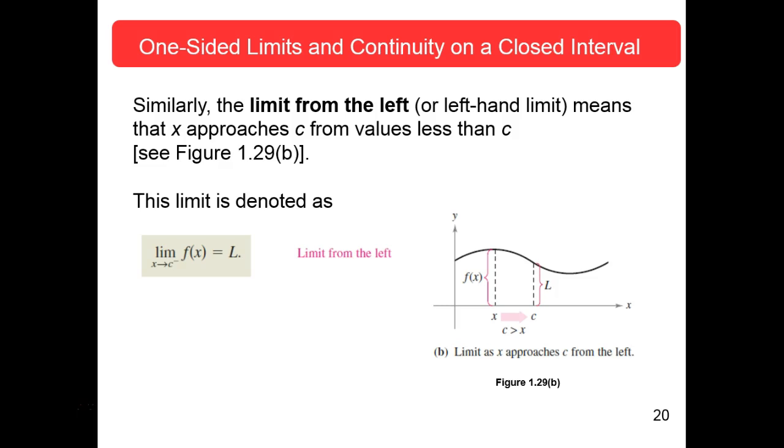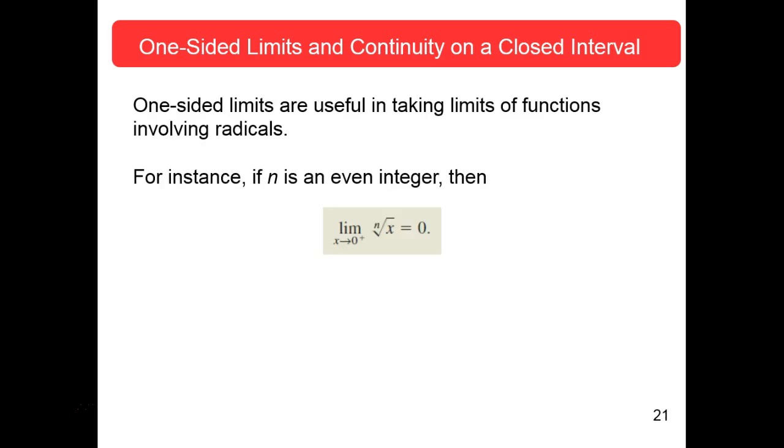This limit is denoted as the limit as x approaches c from the left, that's what the superscripted minus means, of f of x is equal to L. And sure enough, same function, as x approaches c from the lower side, the left-hand side, more negative than c, the function is again approaching that limit L. Makes sense, hopefully, right? Any questions?